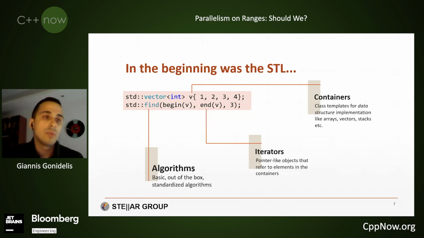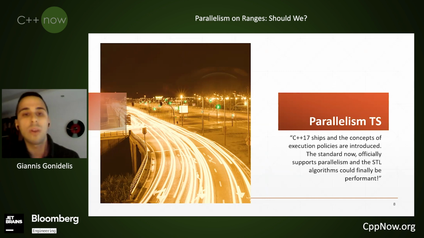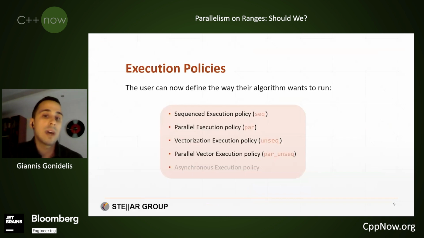Fast forward to C++17, where the parallelism technical specification is standardized. And now, not only do we have out-of-the-box algorithms to use, but those STL algorithms can now be run performantly. We could pass certain execution policies to them that have been exposed by this technical specification.